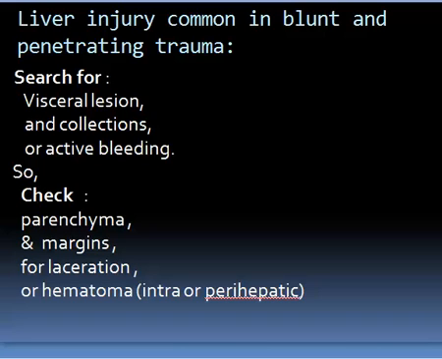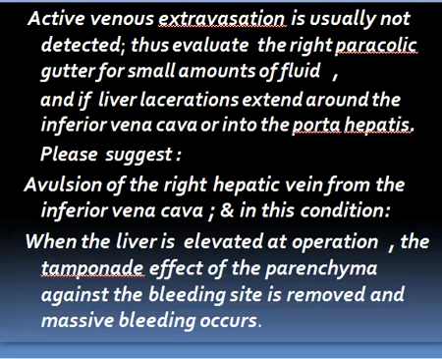The visceral lesions means check the parenchyma and its margin for any laceration, then check the presence of collection or active bleeding. Remember that we are using contrast all the time. Active venous extravasation is usually not detected. Thus, evaluate the right paracolic gutter for small amount of fluid.